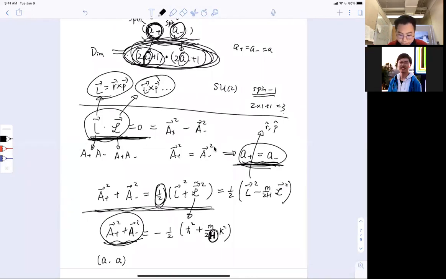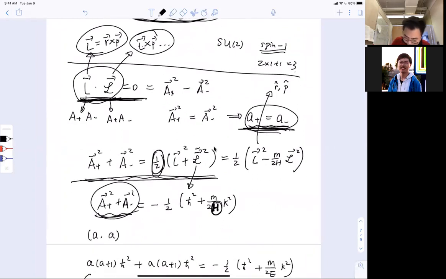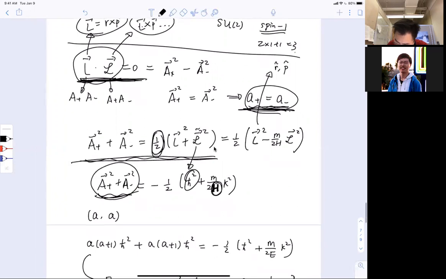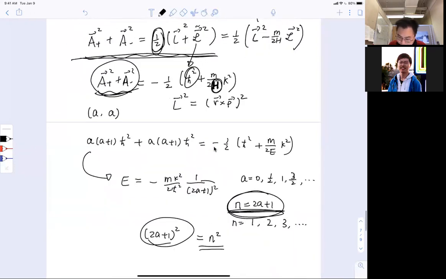Wait, so where did you get this h bar squared in the second last line? Where? Oh, okay. So this h bar squared comes from the commutation. For example, L squared is given by (R cross P) squared. Classically, you would get, okay, let's look at this.